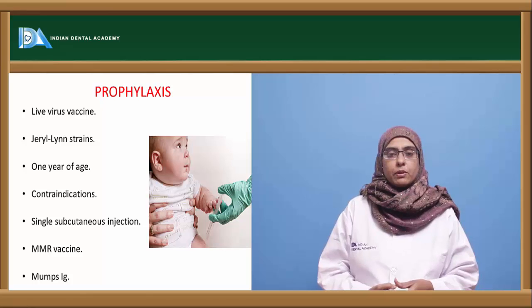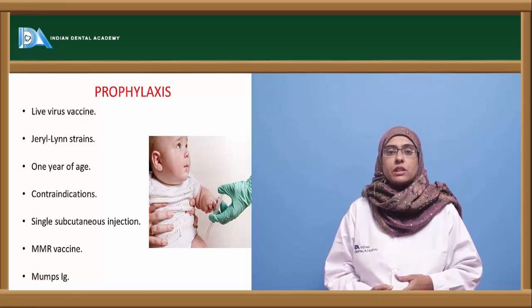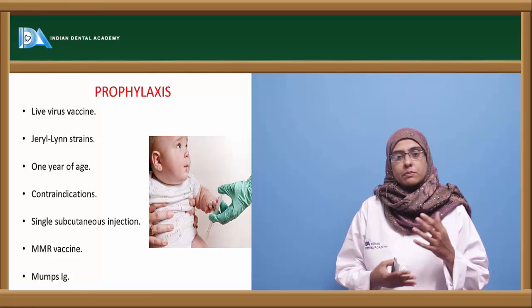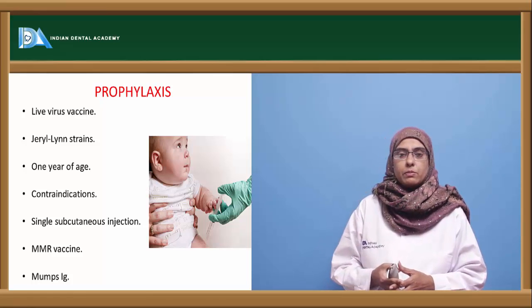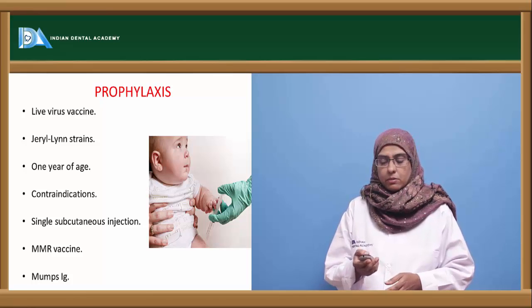And the mumps immunoglobulin is of no clinical importance for post-exposure prophylaxis or for the treatment. That is, once the person has been infected with the disease, you cannot go with this mumps immunoglobulin. The only way is to treat with the antibiotic. So this is about the mumps.